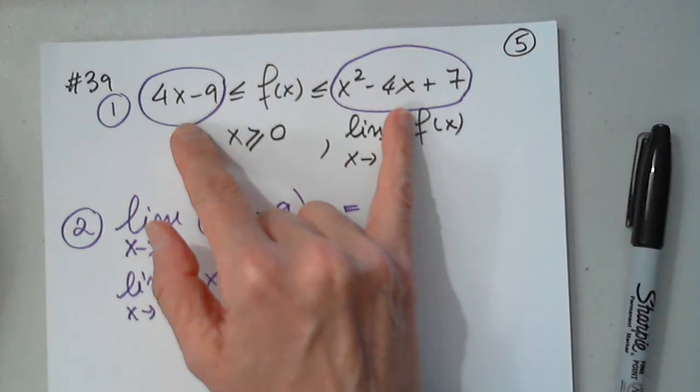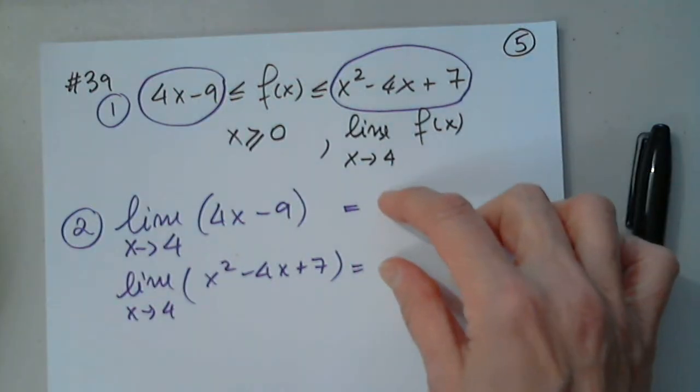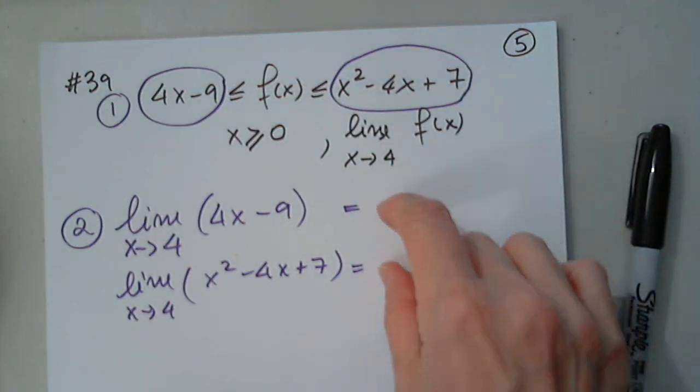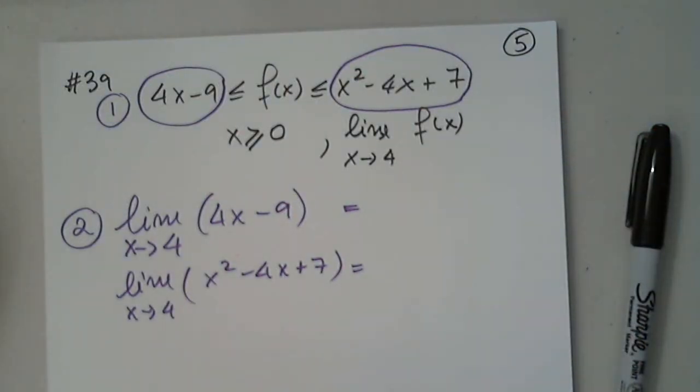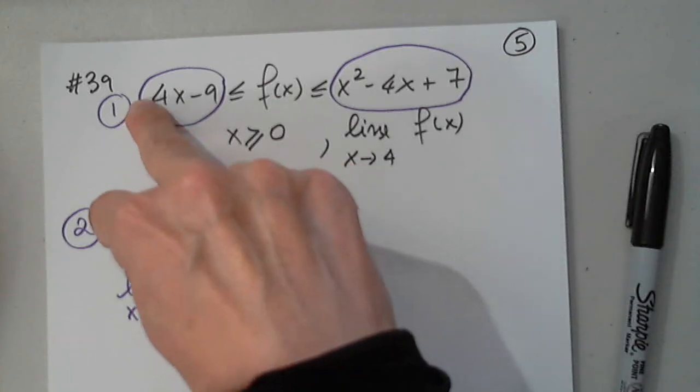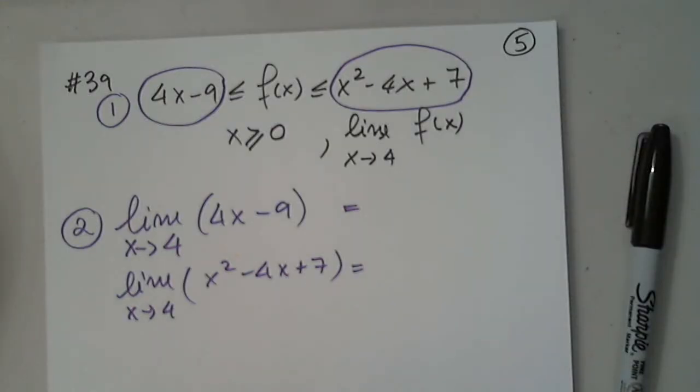So of course the limits would exist. But now the question is if they are the same. Because if they're not the same, then I cannot find this limit, and I cannot use the Squeeze theorem. The Squeeze theorem has two hypotheses. Both of them have to be fulfilled. So then, can anyone give us the answer there? Seven. Good.